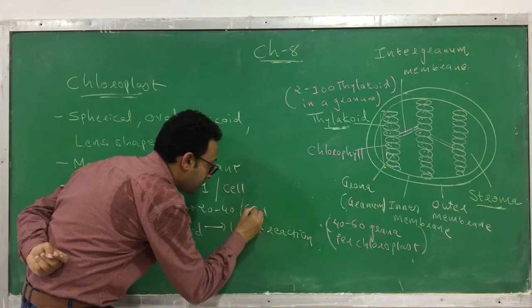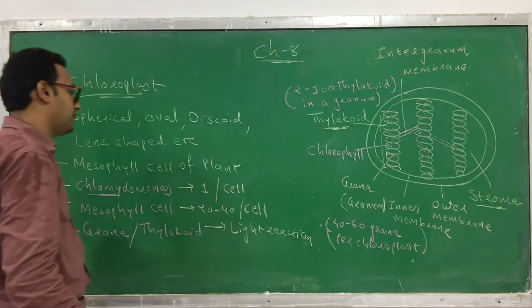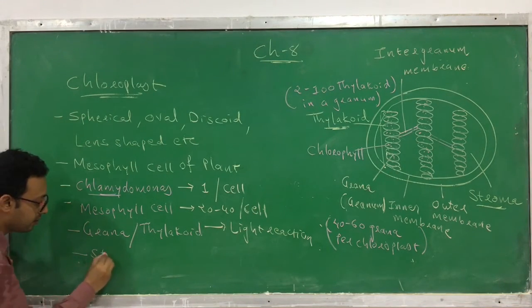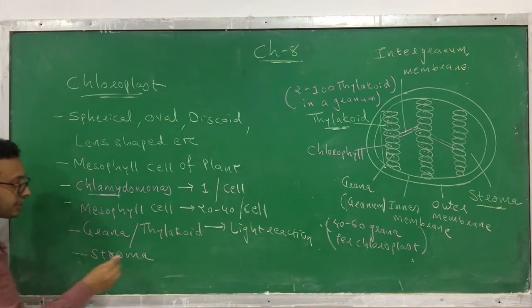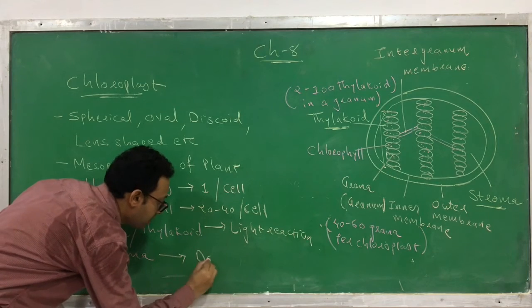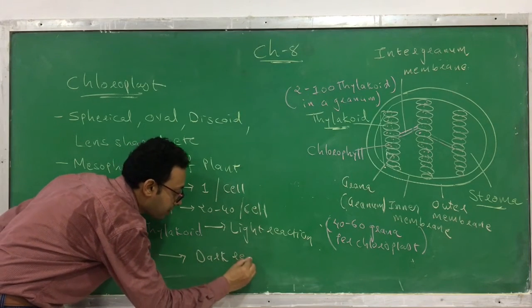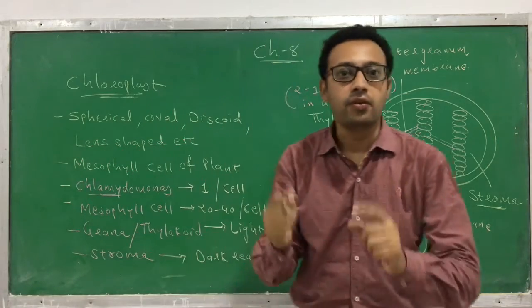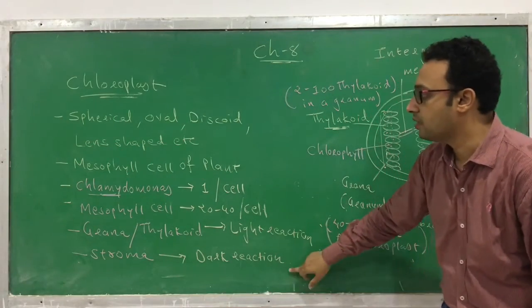Light reaction takes place in the thylakoid. But in the stroma, the inner portion, the dark reaction takes place. Both are parts of photosynthesis.